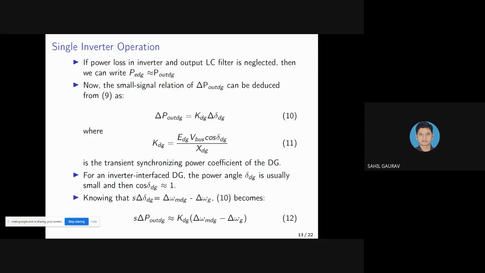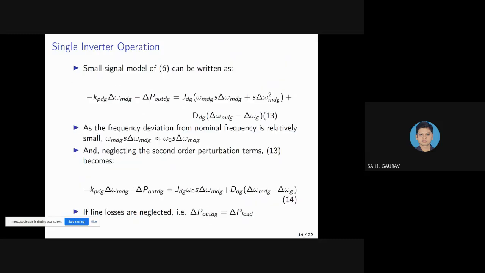Now if we put this relation in 10, then it becomes expression 12. Now if we write the small signal model for the active power control equation, then it can be written as expression number 13.